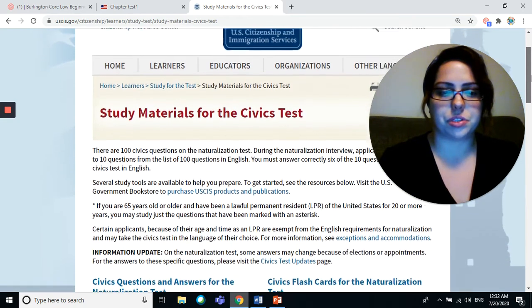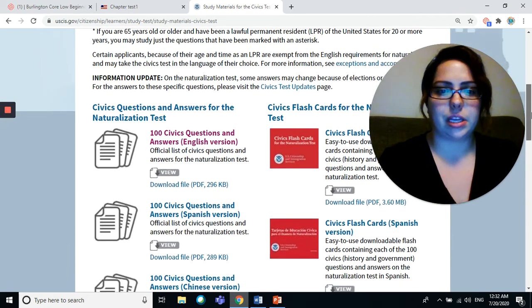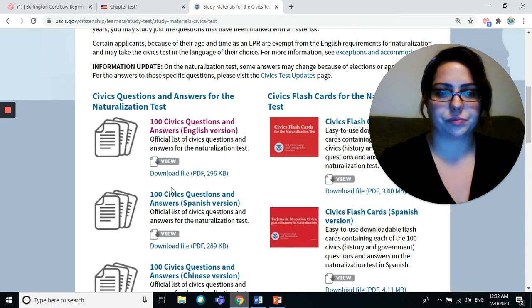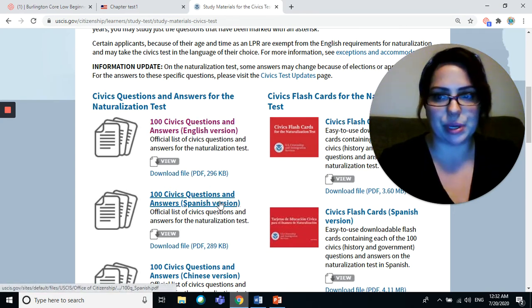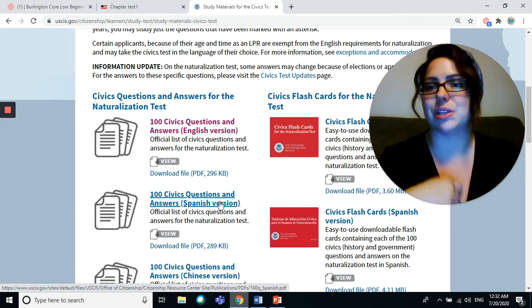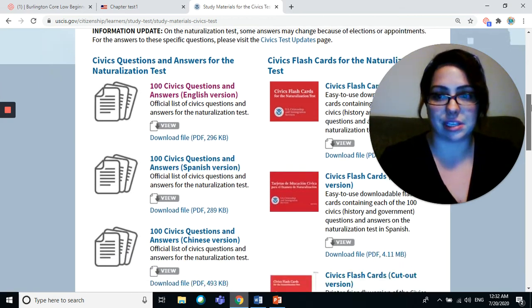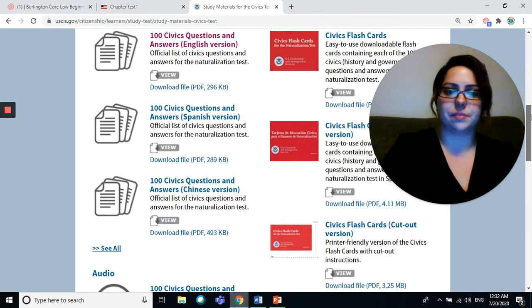Okay, and then you're going to go down. And then right here, you see different things. You can have flashcards for the 100 questions. There's a Spanish version, but if you speak Spanish, I would not study it in Spanish because you will have to take the test in English. So if you want to see a translation, that's fine.